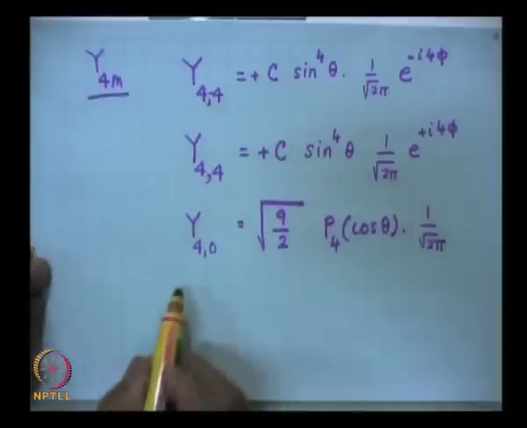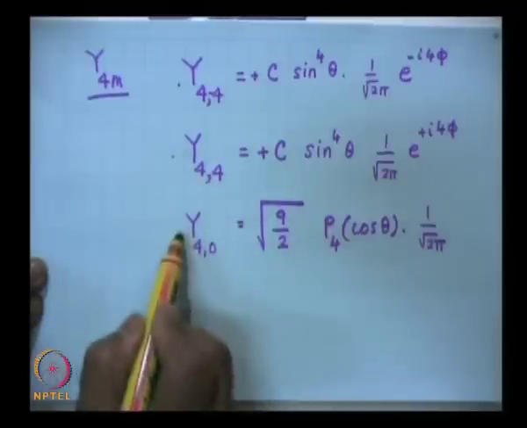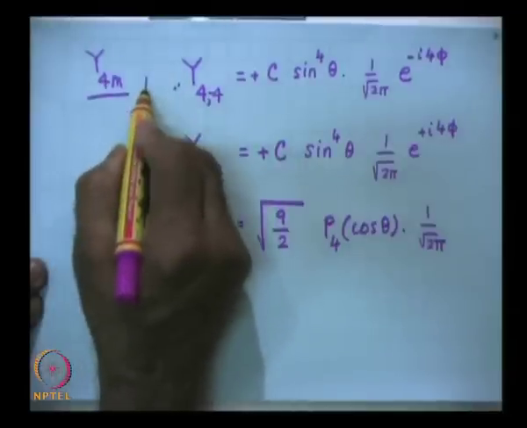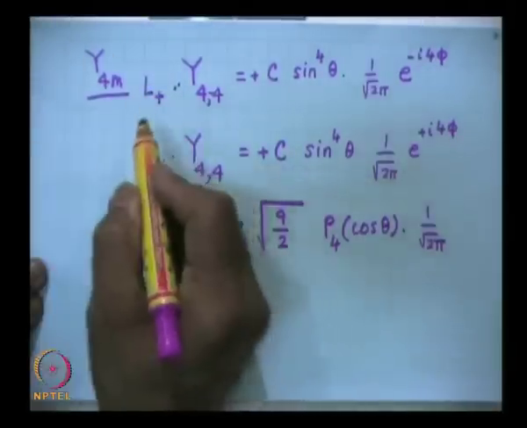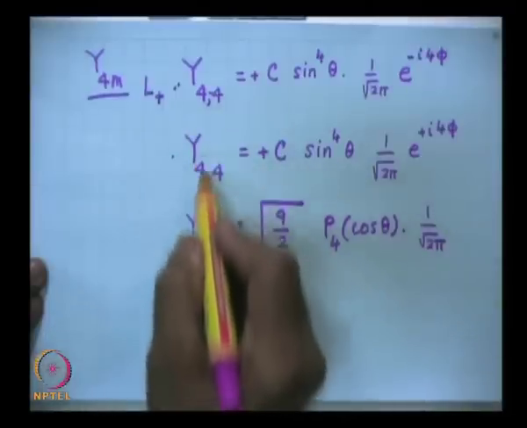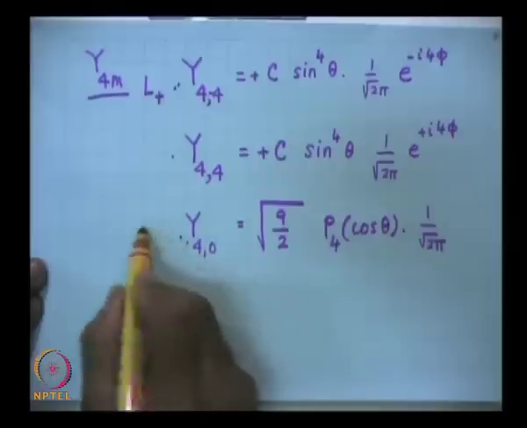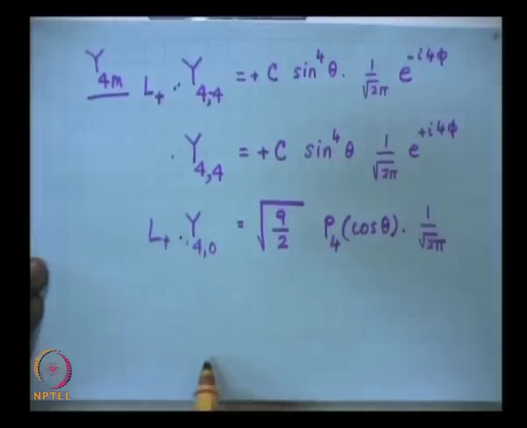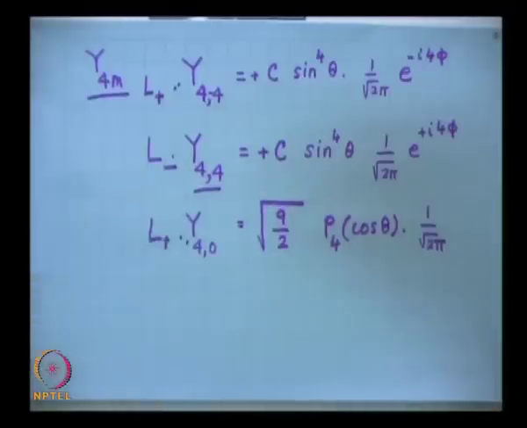Of course, I must know the value of c. I can start with either of these expressions. If I start with this, then I must operate this by L plus and then again by L plus, then again by L plus and get all these. If I start with this, then if I operate this by L plus, then I get Y41, Y42, Y43 and so on. And if I start with this, then I must operate by this.